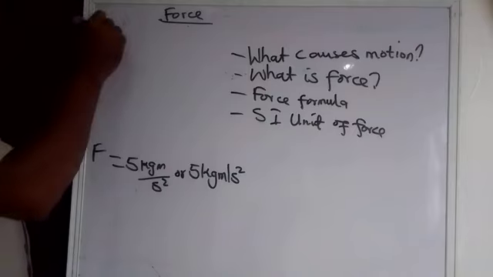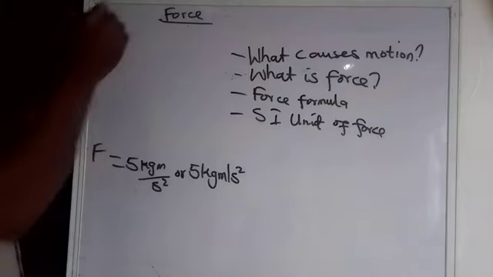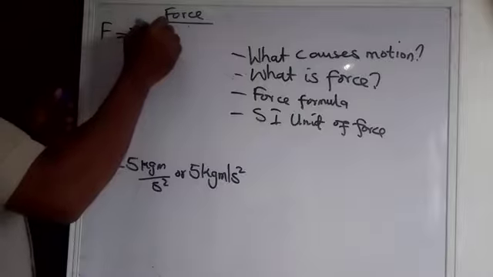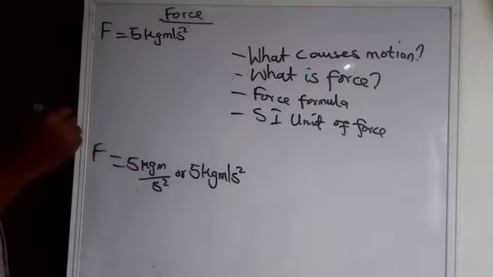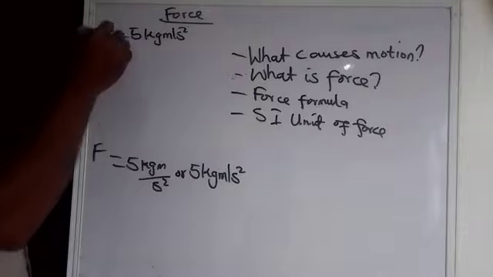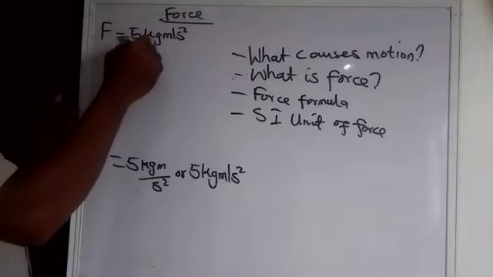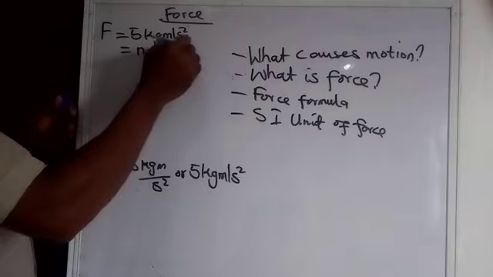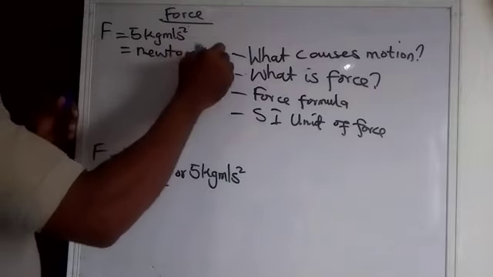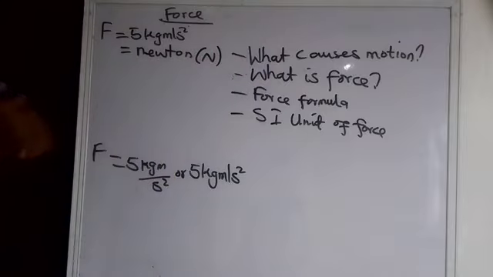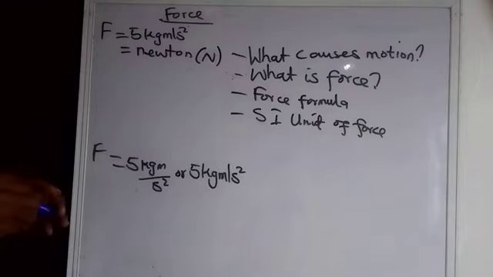Remember, I told you that force from the last calculation was 5 kilogram meter per second squared. But the SI unit for force is always Newton. When you write a unit, write it in small letter. Start with small letter. Or you put it in capital letter as abbreviation. This unit was in honor of great physicist Sir Isaac Newton, who did most of the work in motion and force.